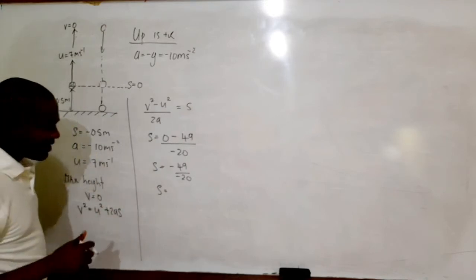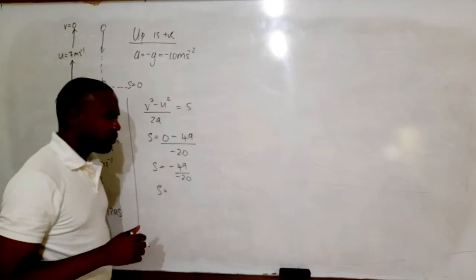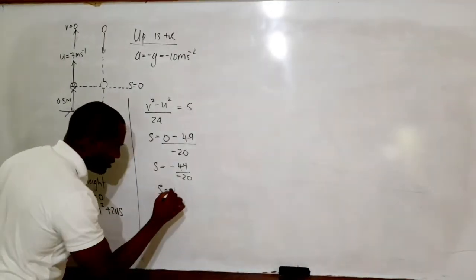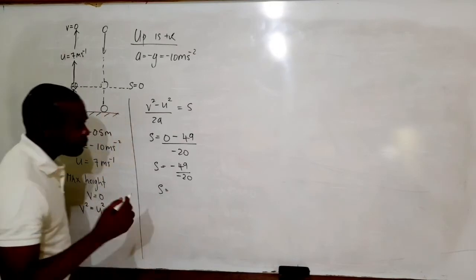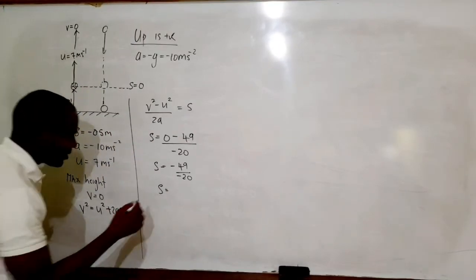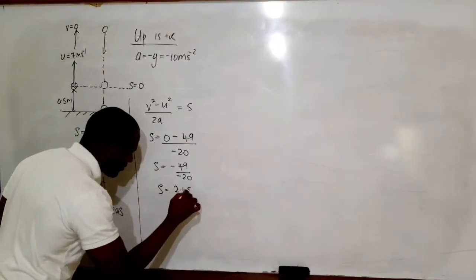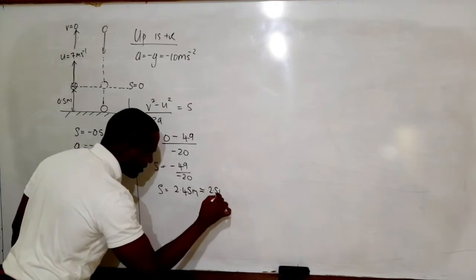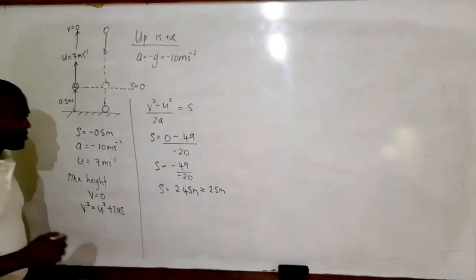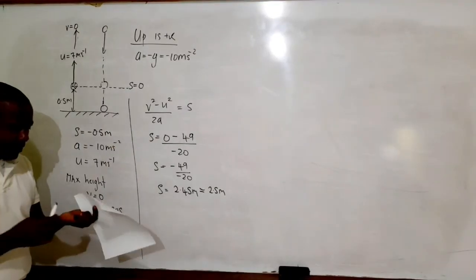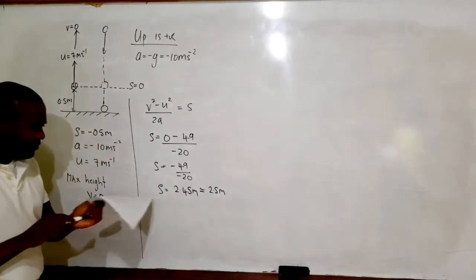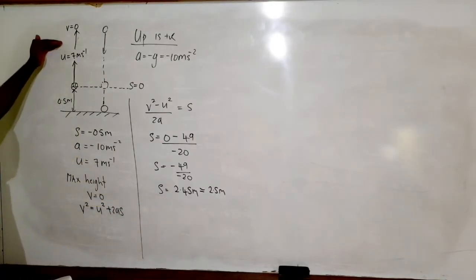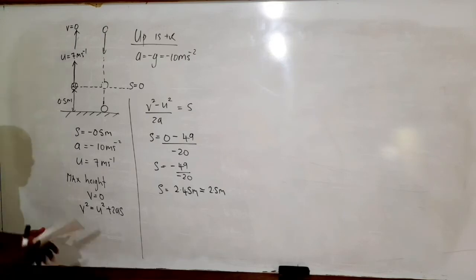But if we want to give the exact value, S is approximately, sorry, not 2.95, 2.45, right? So approximately 2.45 meters, which we can approximate to being 2.5 meters, right? So the ball will come to rest at a height of 2.5 meters or 2.45 meters above its initial level of projection, right? Good.